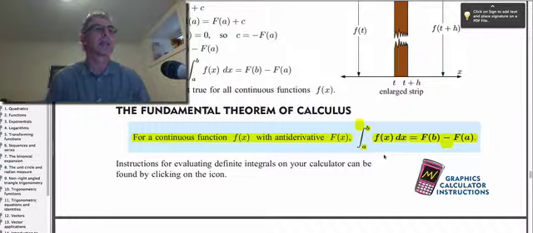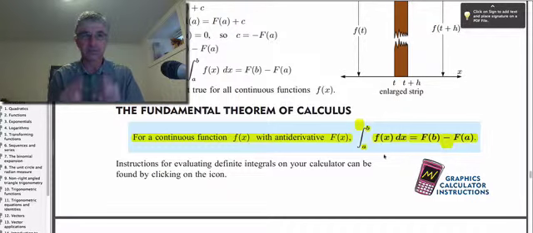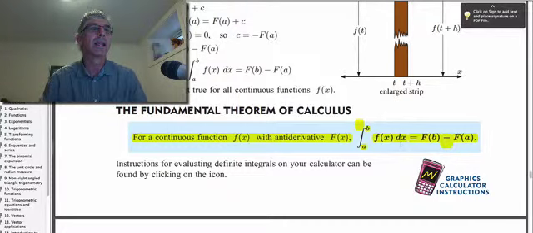This summation, this integration of all the little rectangles that were dx wide, this f of x times dx, the area of these little rectangles, added all up, is just the antiderivative of the function f of x evaluated at b, minus the same antiderivative evaluated at a.